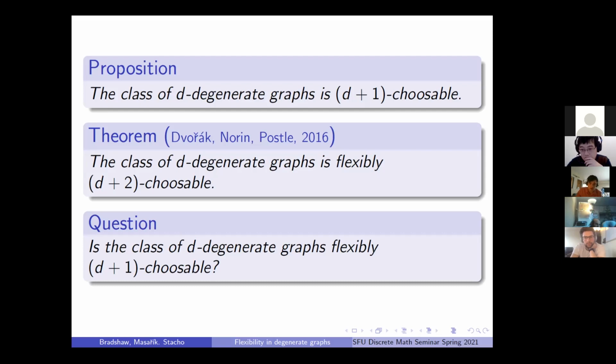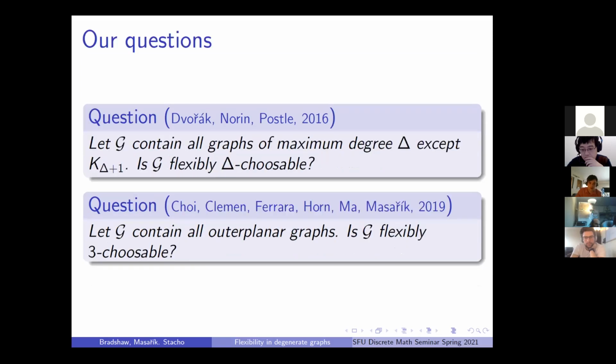But what we did in our research is we took this question of degeneracy and flexible choosability, and we answered this meta question for degenerate graphs in some special cases. And specifically, we consider the following questions. So the first question we considered is, if G is the class of graphs of maximum degree delta other than the clique K_{delta+1}, we asked, is this graph class flexibly delta choosable?